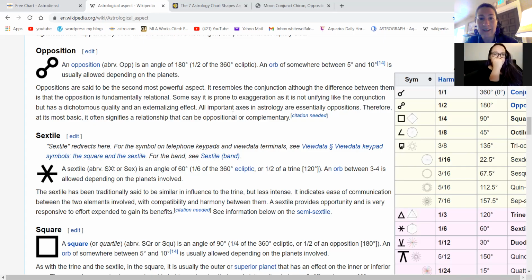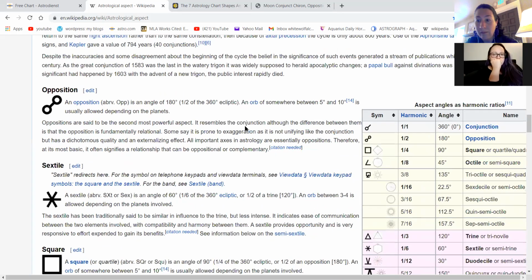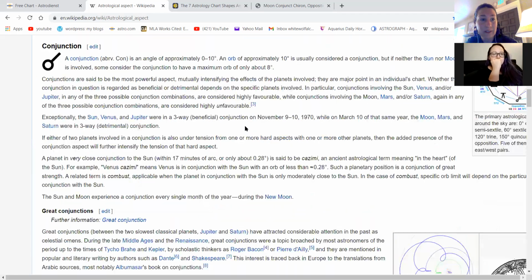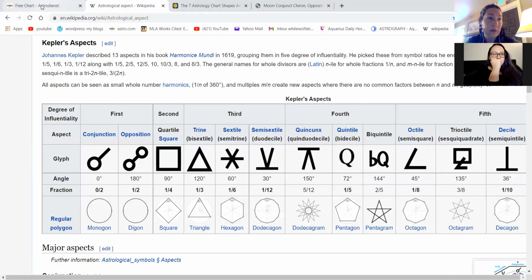All important axes in astrology are essentially oppositions. Therefore, at its most basic, it often signifies a relationship that can be oppositional or complementary. So the planets are learning from the other's perspective. Right. So that's why we kind of have tug of war sometimes within ourselves.